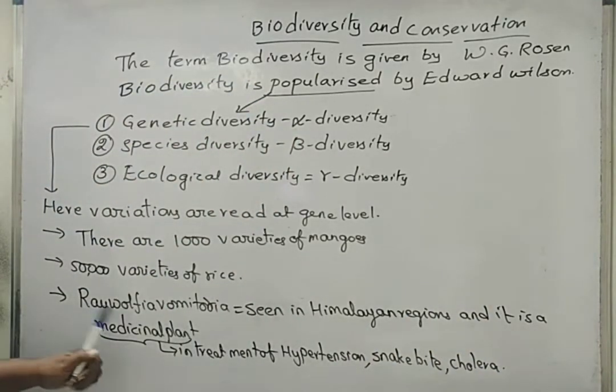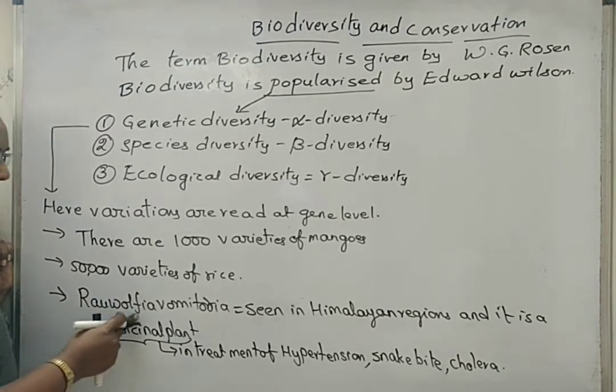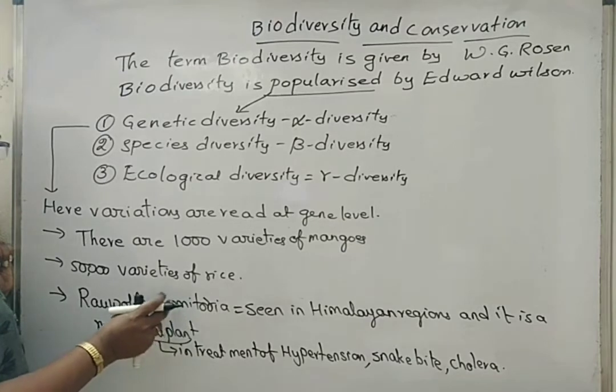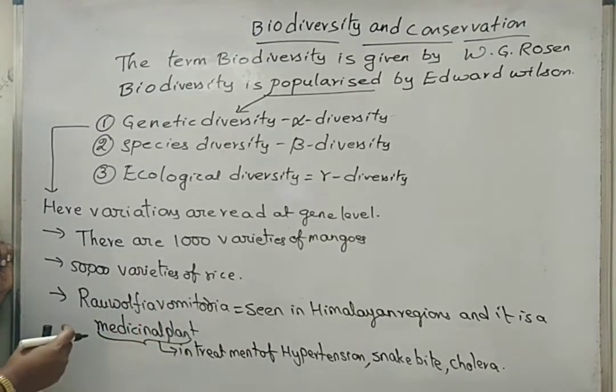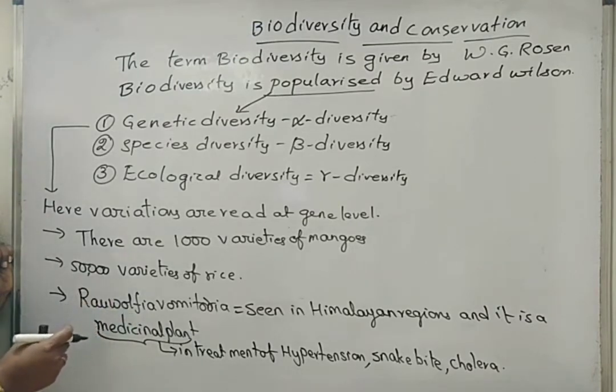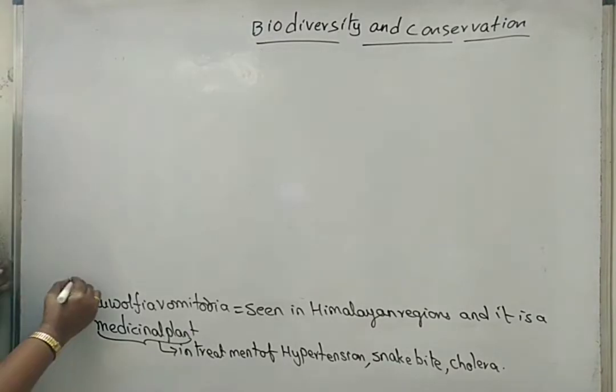So this Rauwolfia vomitoria is differentiated at genetic level. The genes undergo transcription, translation and produce proteins. So here the concentration of the secretions, a type of poisonous alkaloids, are secreted by different species of Rauwolfia varieties, and those differ based on the concentrations.